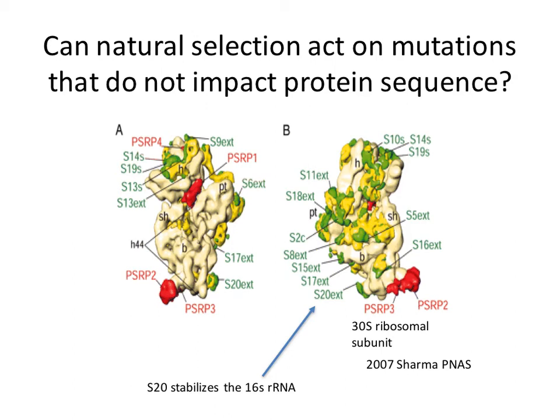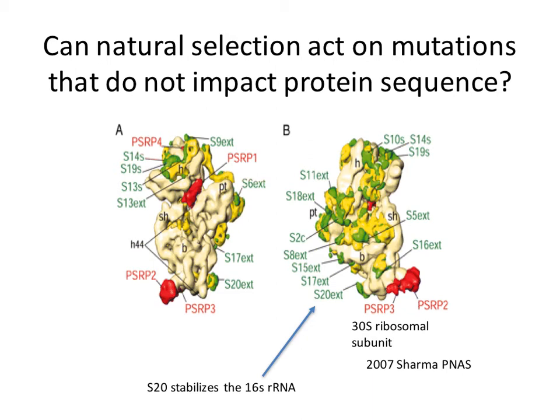So here's what you need to know about this story to appreciate it. There's a protein in these bacteria called S20. It's part of the ribosome. Ribosome is the thing that translates RNA into protein. You might remember that ribosomes are composed of lots of proteins and lots of ribosomal RNA molecules.